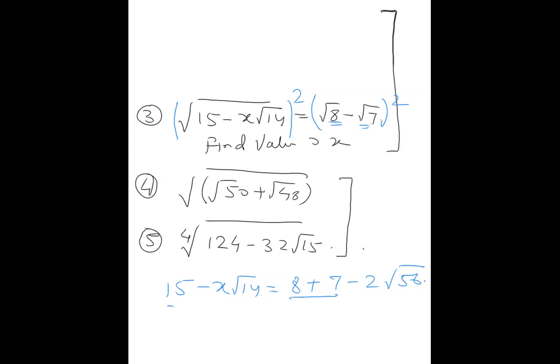This is coming as 15, this is coming as 15, so 15 will be cancelled out, minus cancel out, so x root 14 is equal to 2 root 14 into this, right? So this root 14 will be cancelled out, root 4 is 2, so x is 2 into 2, that is 4.